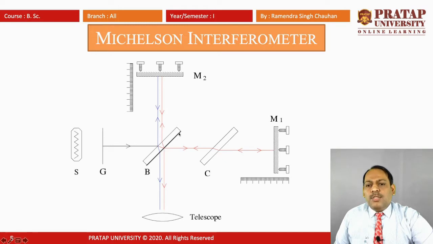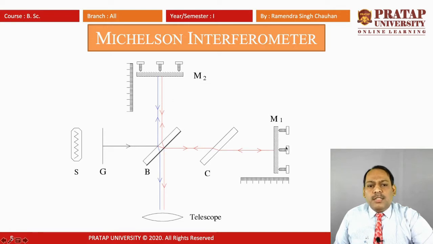On the back side of this plate B there is silver polish, or we can say plate B is made a semi-transparent mirror, so that 50% part is reflected towards M2 and 50% part is transmitted towards mirror M1.